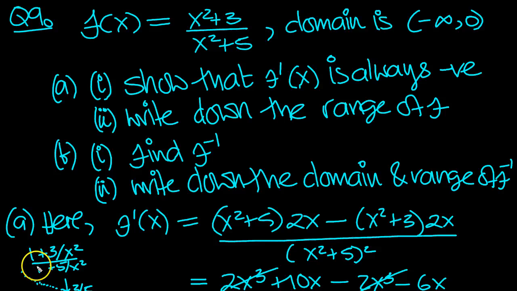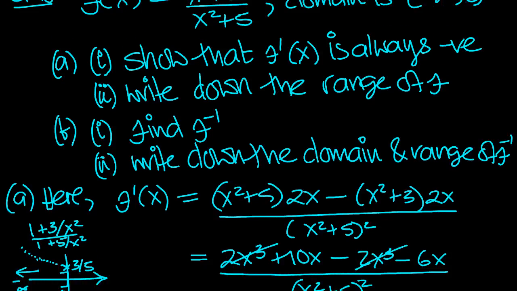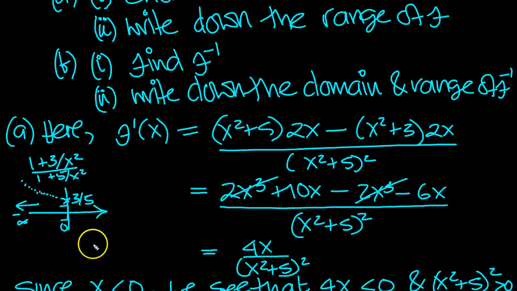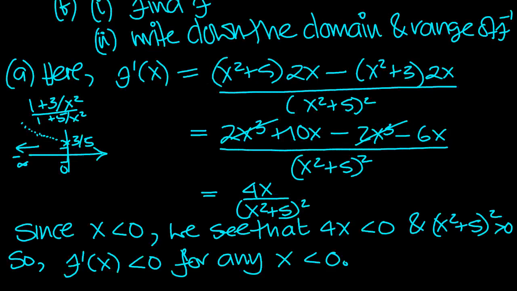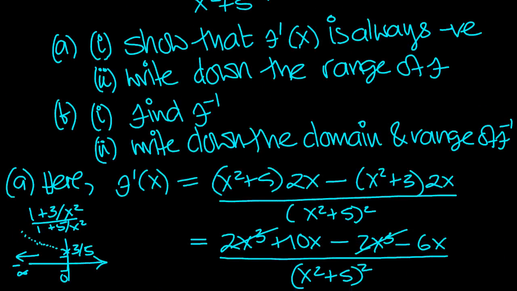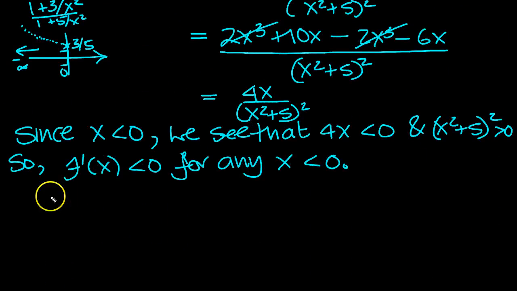You can try that for various values. You could put x as 100, and x squared would be 10,000, so it's 1 plus 3 over 10,000 divided by 1 plus 5 over 10,000, which is very, very close to 1 over 1, which is 1. So it looks like it's going to come down from the limit value at minus infinity, which is 1, down to 3/5.